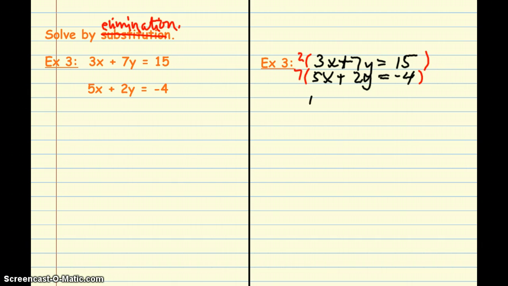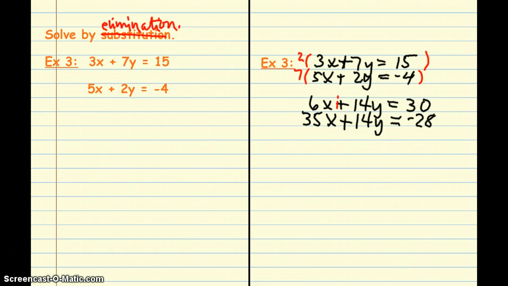So that gives us 6x plus 14y equals 30. And 35x plus 14y equals -28. Now, the reason why we've done that is because now we have the exact same terms and we want one of these to cancel.